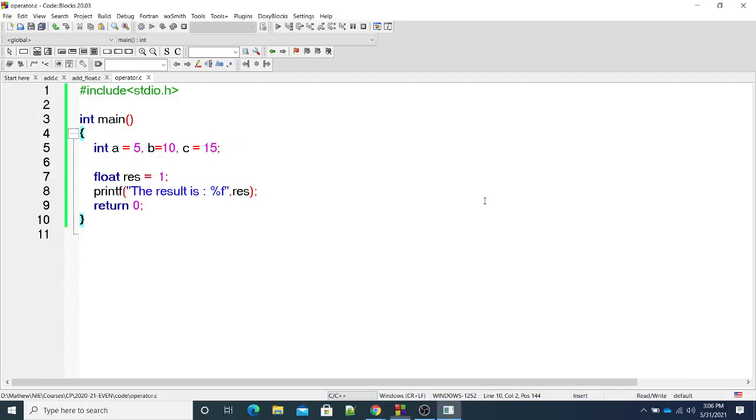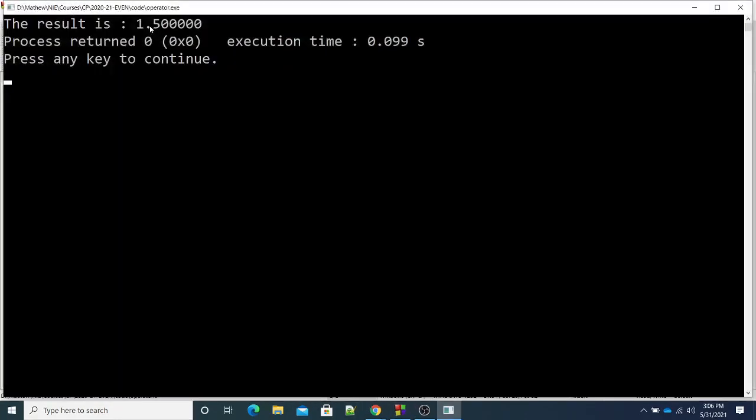So 15 by 10 is giving me 1.0. Now I make a slight change here: 15 by 10.0. 10 and 10.0 are essentially the same in mathematics, but when we are computing, we get the result 1.5.